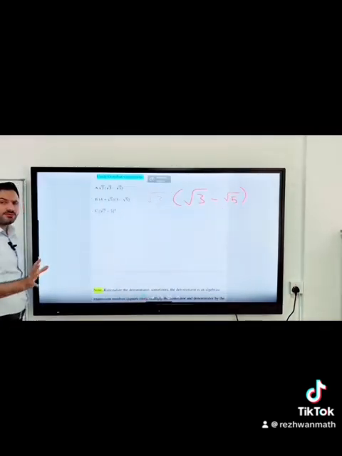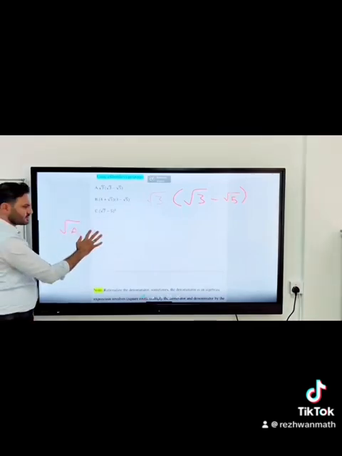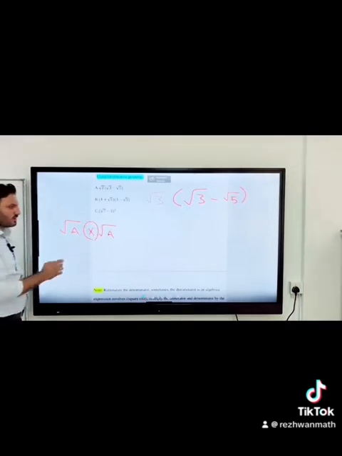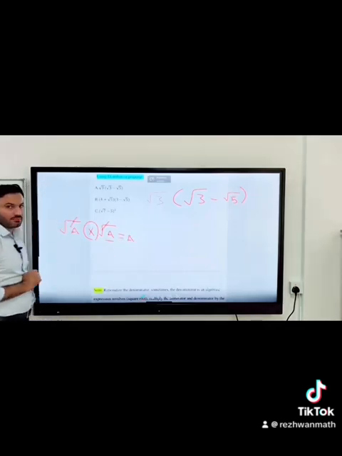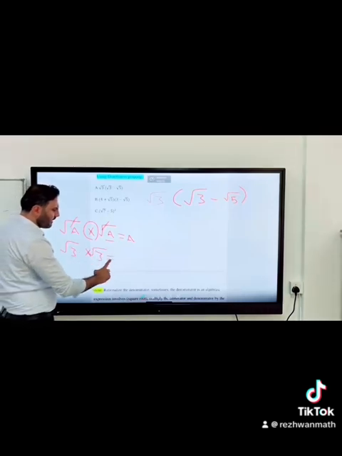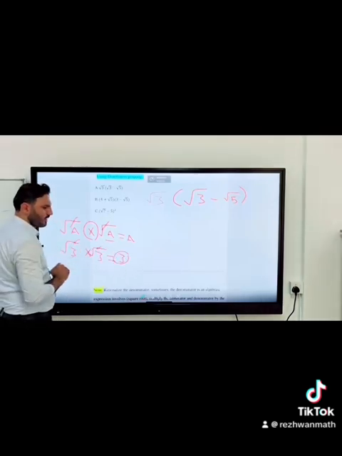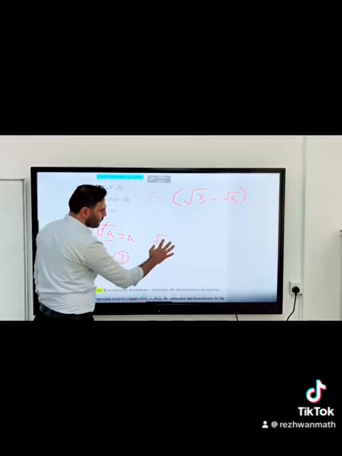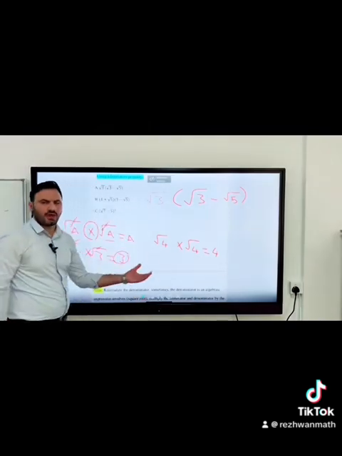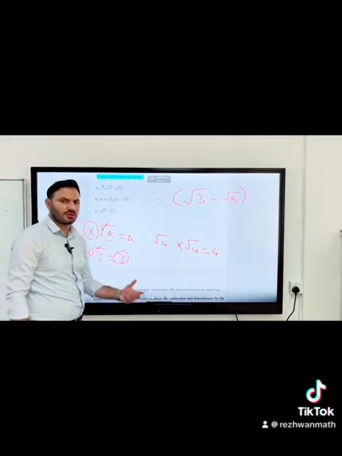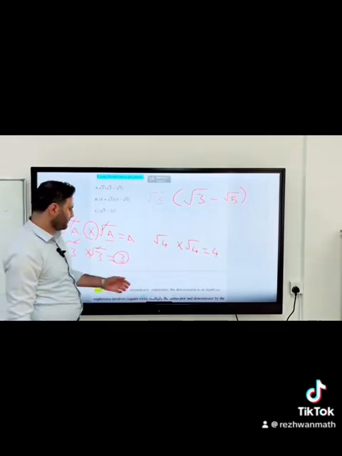Look, in the previous lesson, we talked about how if we have the same square root and the sign between them is multiplication, we directly cancel the square root and we get the number. For example, square root 3 times square root 3, we get 3. Square root 4 times square root 4, we get 4. Square root 5 times square root 5, we get 5. Square root 10 times square root 10, we get 10.